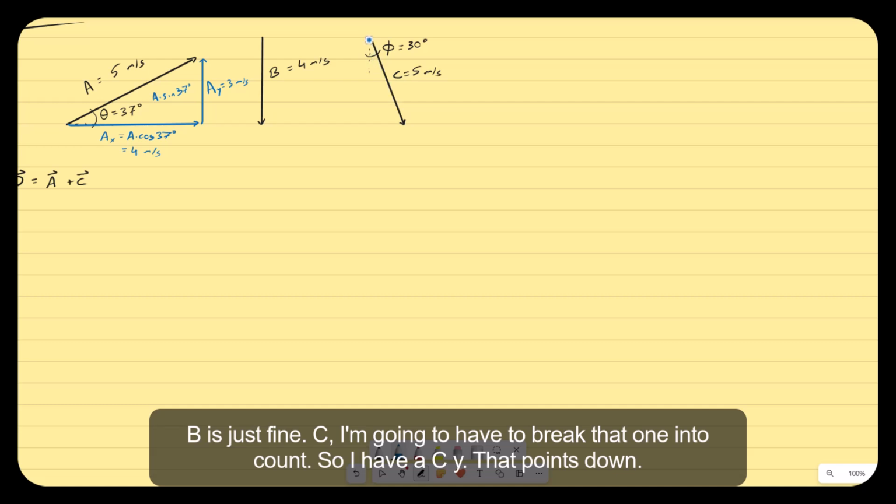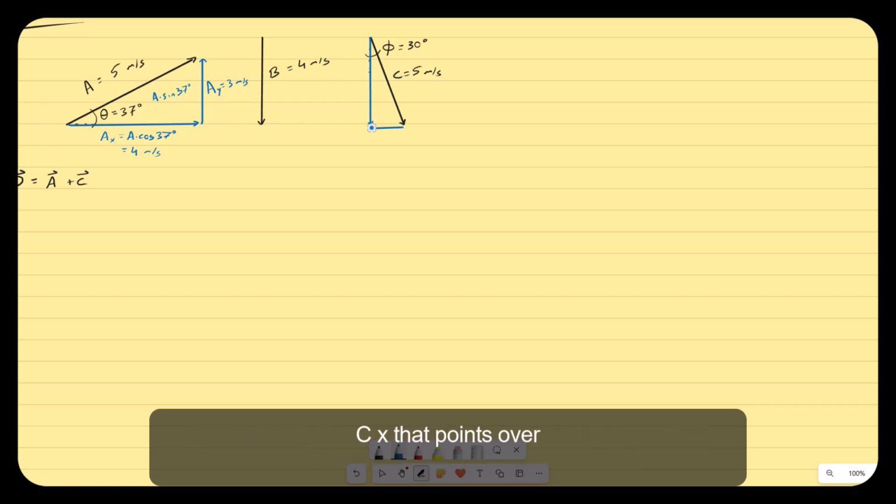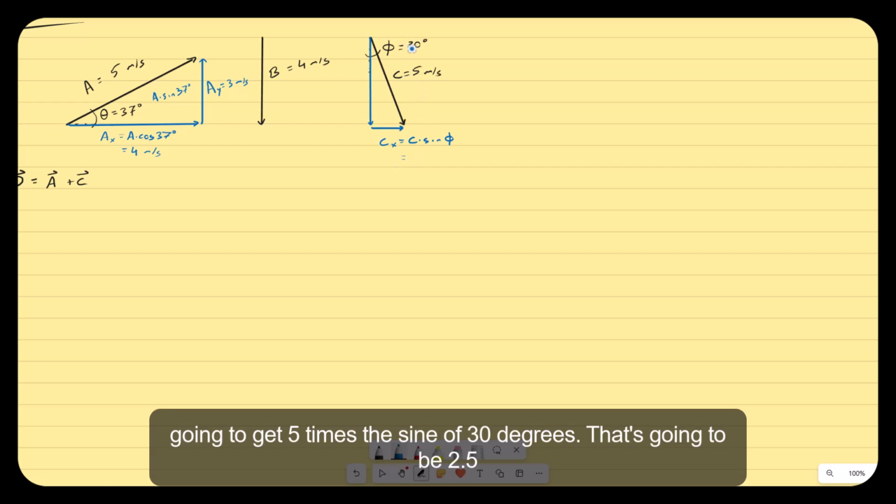C, I'm going to have to break that one into components. So I have a CY that points down, a CX that points over. CX is going to be C times the sine of 5 because that is the opposite angle. So I'm going to get 5 times the sine of 30 degrees.